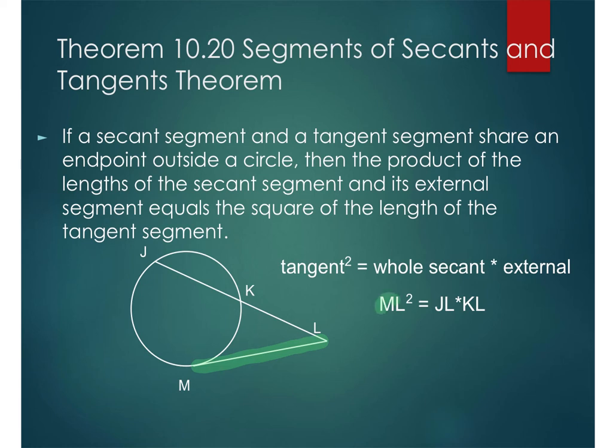This is where we would square it, okay? So that's the important part. You can keep writing, okay? So the other one's a secant, so we follow the same pattern. We do the whole secant times the external portion, which is LK, and we set that equal to the tangent squared.